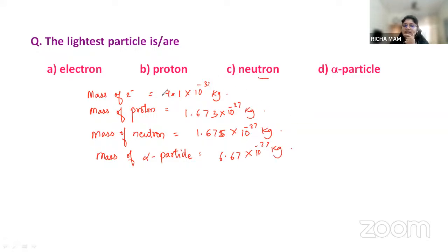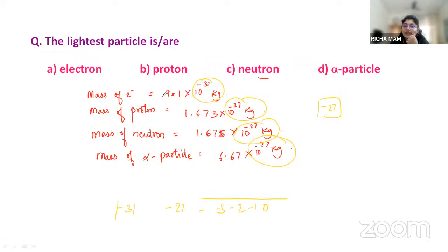When you see the masses, everywhere you can see 27, 27, 27, while for the electron it is 31. When we see a negative exponent, 27 is a larger number as compared to 31. Going on the left hand side, it is 0, minus 1, minus 2, minus 3, so first 27, then 31 comes.